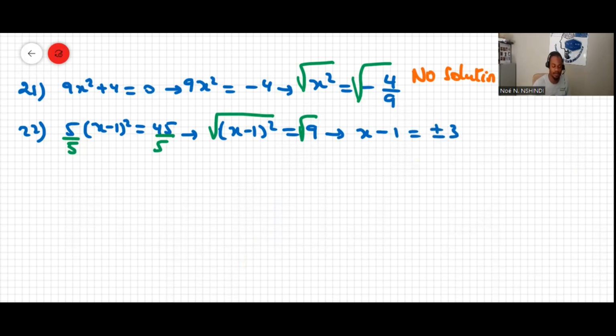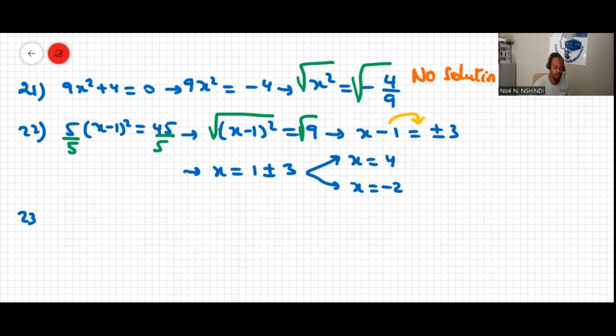Then this will mean x equal to 1 plus minus 3 if I move this -1 over. Then generate two solutions, one with the positive, the other with negative. So 1 plus 3 is 4, and then 1 minus 3 is -2.